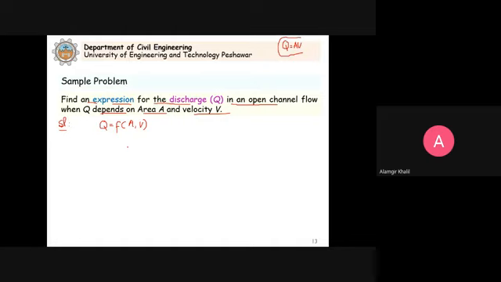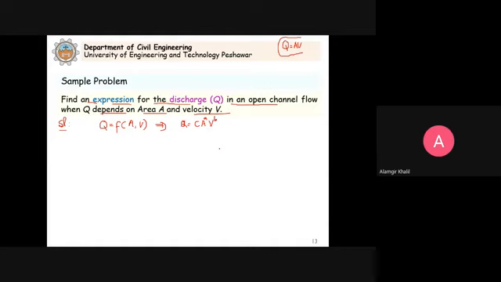The next step is that this equation will be written as a power equation. What we mean by this is that we write Q equals C, a dimensionless constant, times area to an arbitrary exponent, say A, times velocity to an exponent B. You can write x and y, that is not a problem, because we have to calculate the values of these exponents in the end.